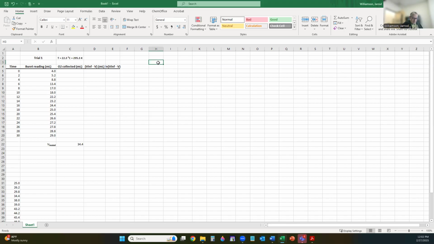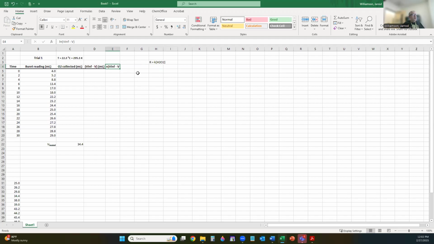So it should be here, R equals k [H2O2], right? Except we're going to be plotting natural log of V infinity minus V versus time.